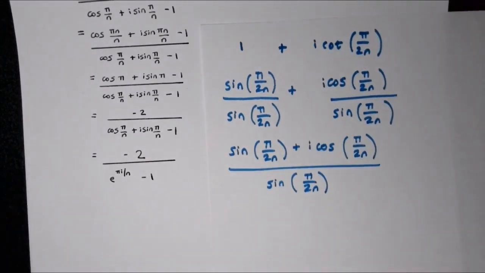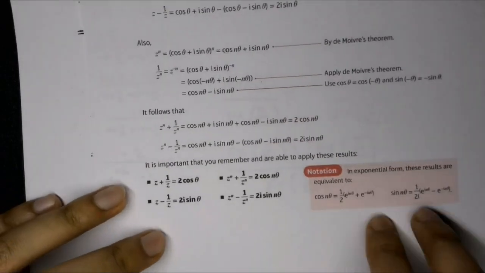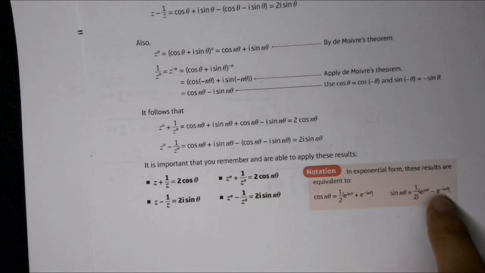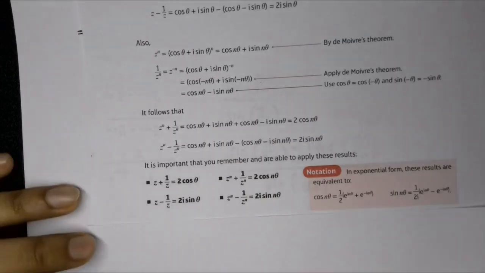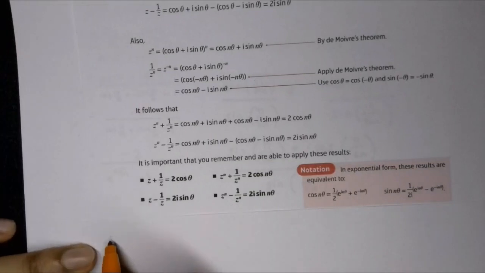So you may remember from previous videos this idea over here. Sine of n theta equals 1 over 2i, lots of e to the i n theta minus e to the minus i n theta. So essentially, we might be using this over here. So let's just write it down for the sake of clarity. We've got the sine.